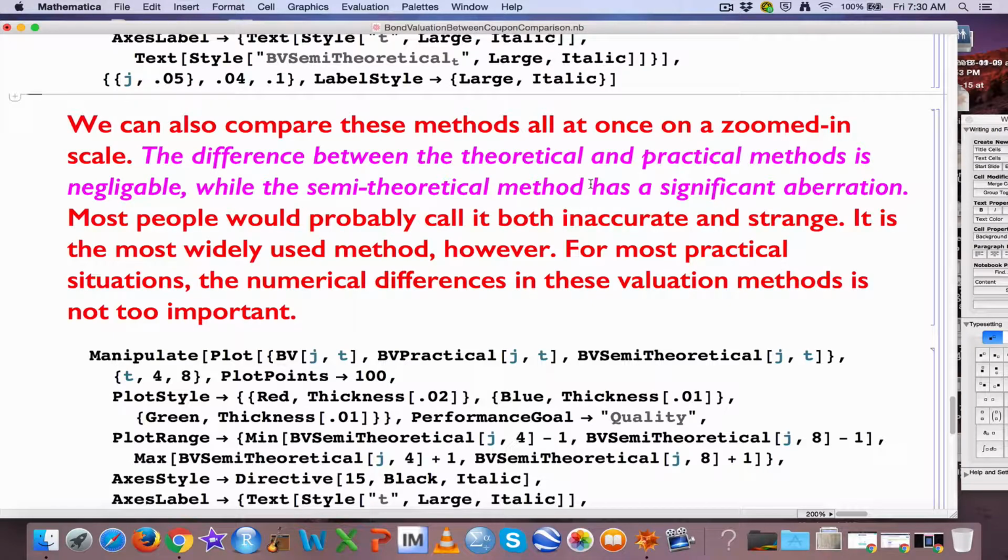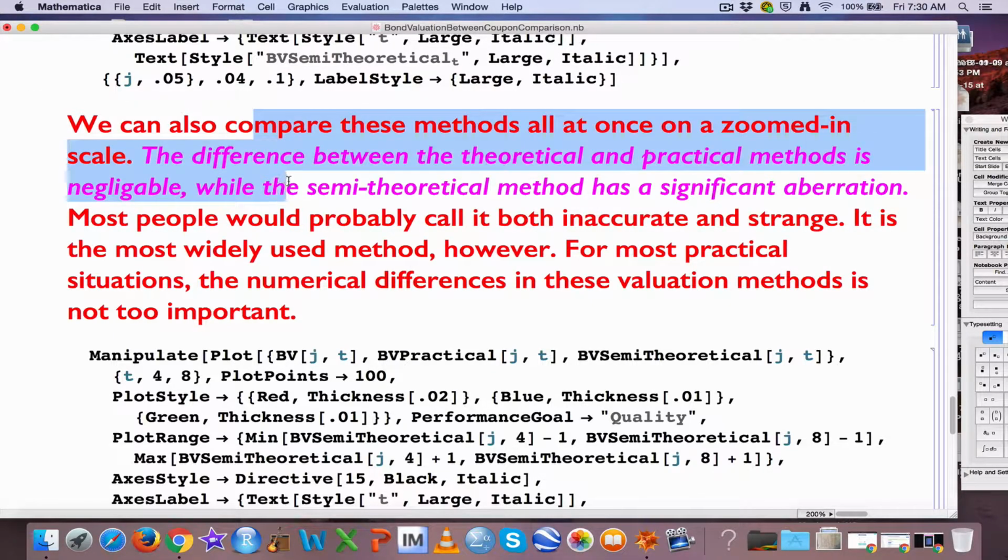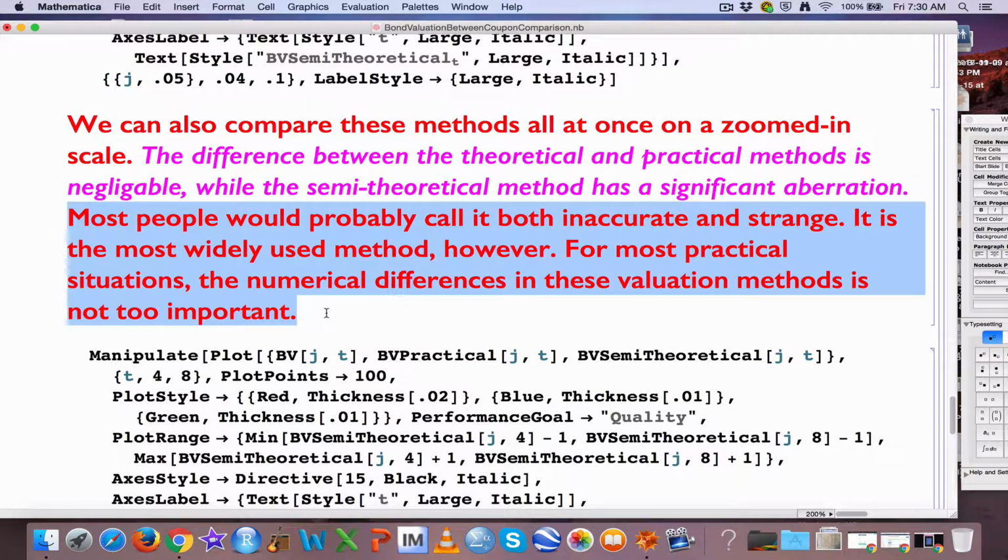Before I get there, let's compare all these methods with zoomed-in scales. We'll see that the difference between the theoretical and practical methods is negligible, while the semi-theoretical method has a significant aberration from those other two graphs. Most people would probably call the semi-theoretical method both inaccurate and strange.